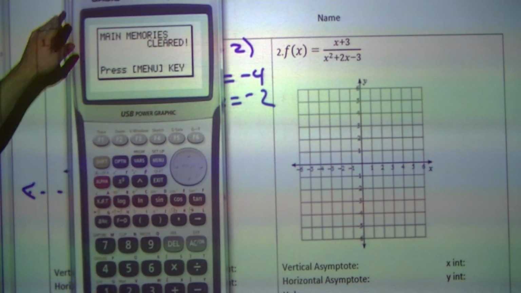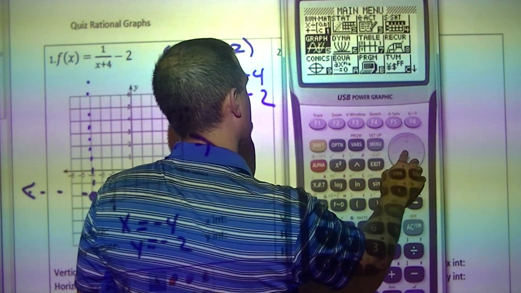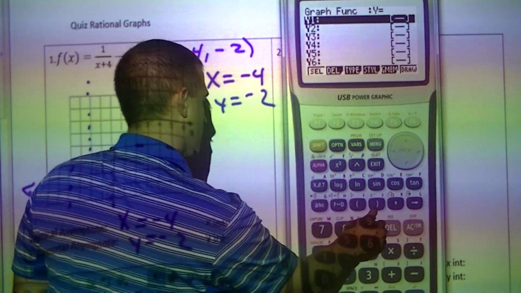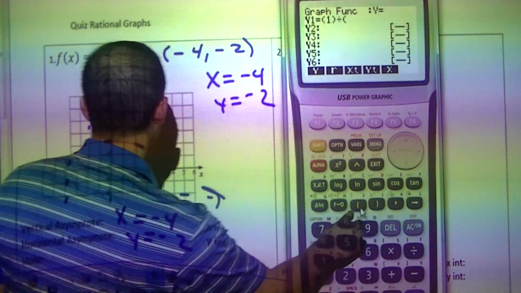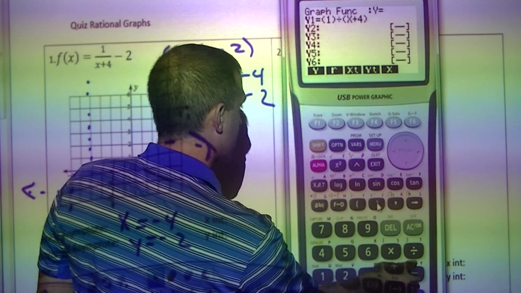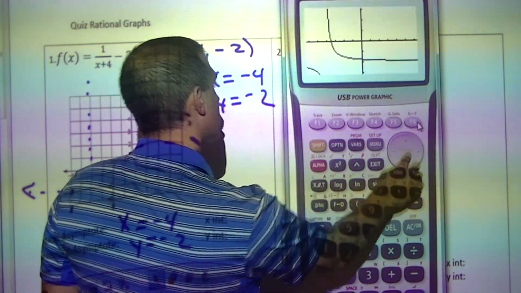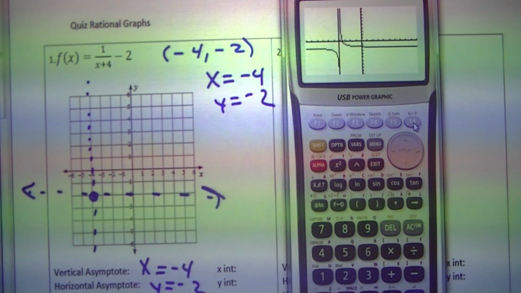We're going to go ahead and graph it. Okay, so I'm going to go over to menu. I'm going to go to graph. All right, I'm going to do 1 divided by x plus 4 minus 2. All right, I have to draw. Let me fix that. Okay, so that's what I got there.